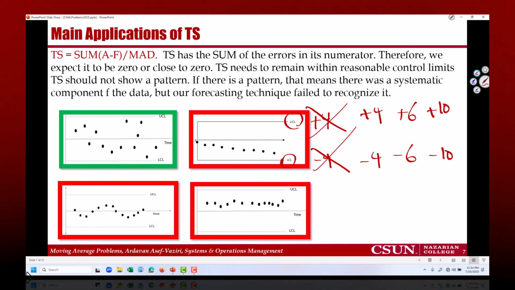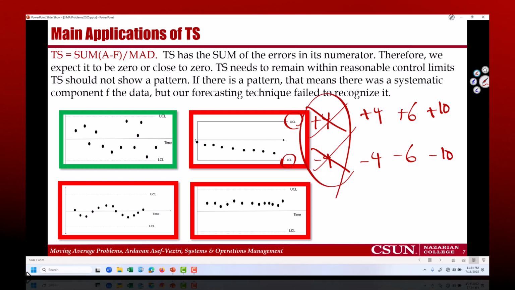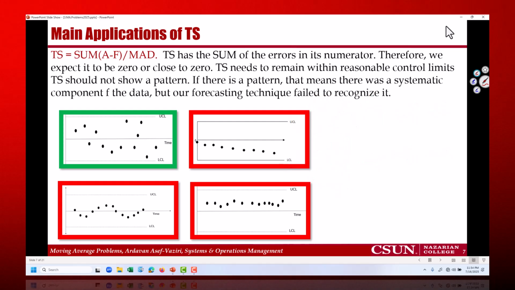It depends on your experience with the data. Assuming that it is between -4 and +4 is not correct.